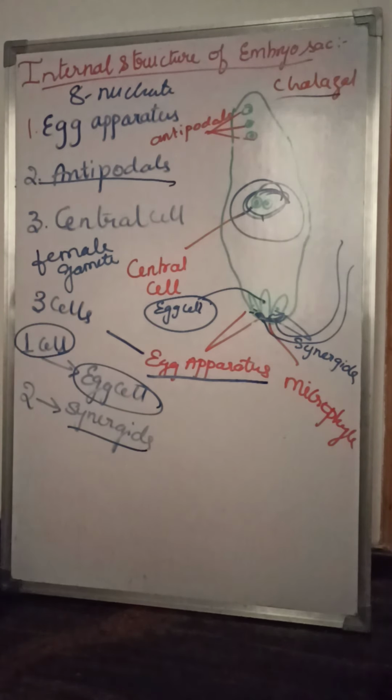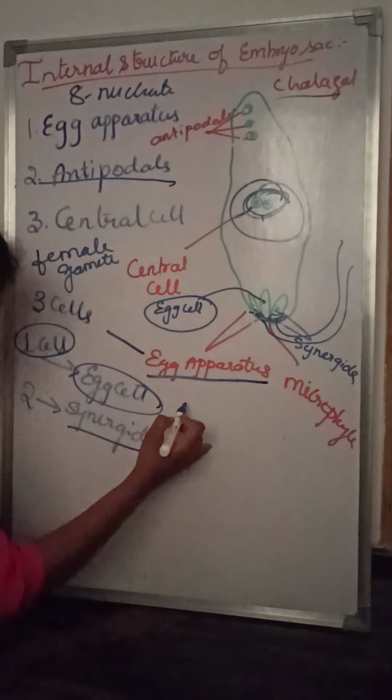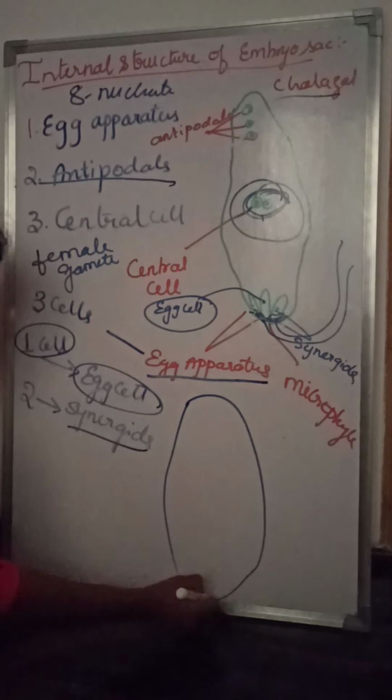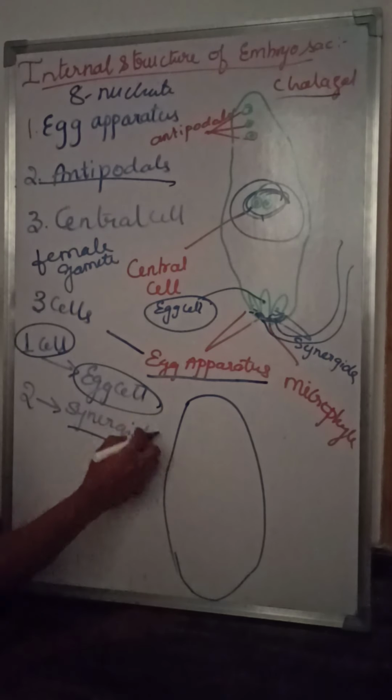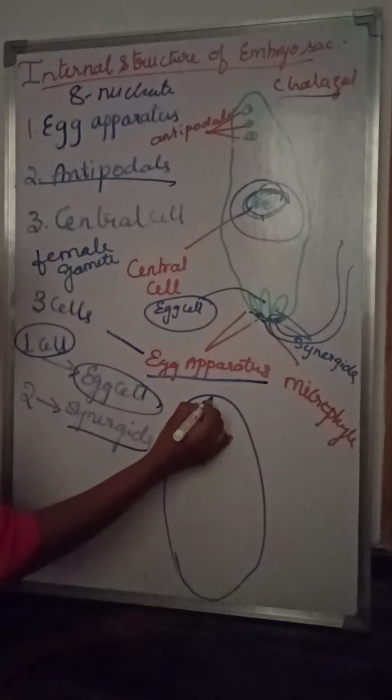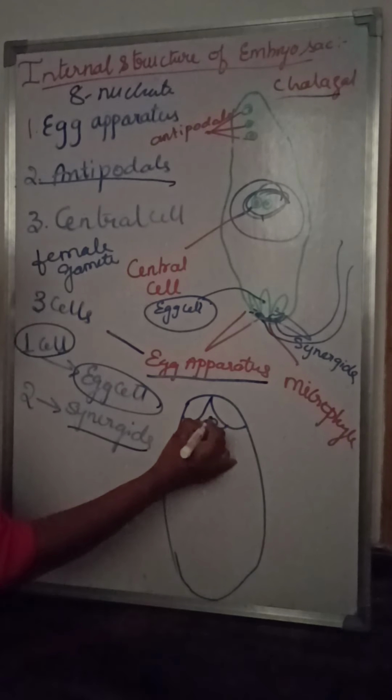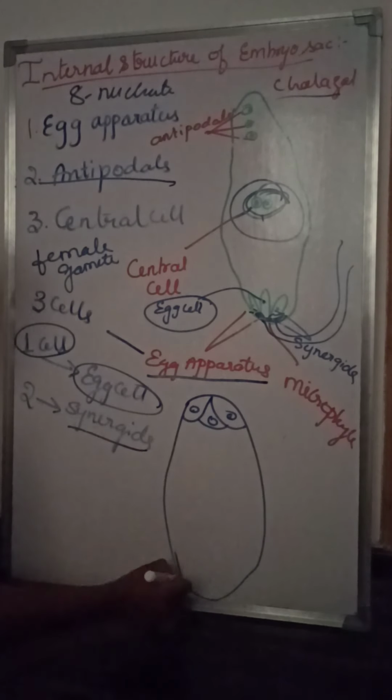Now, when it is matured, how will it look? It is just like this. You can see in the diagram in your notes, I have given a clear description of the diagram. Make sure of the diagram.